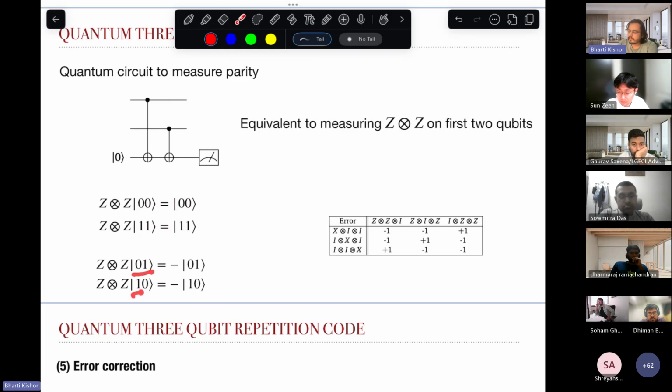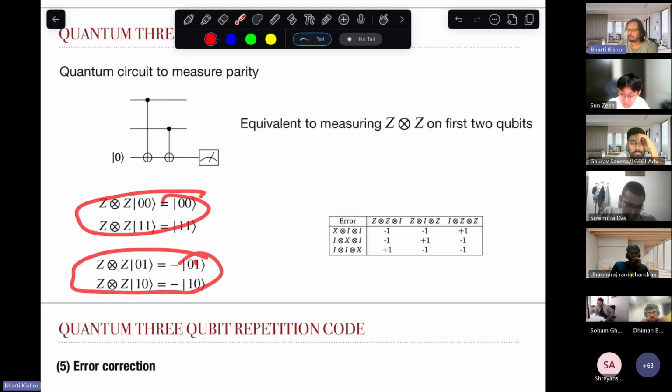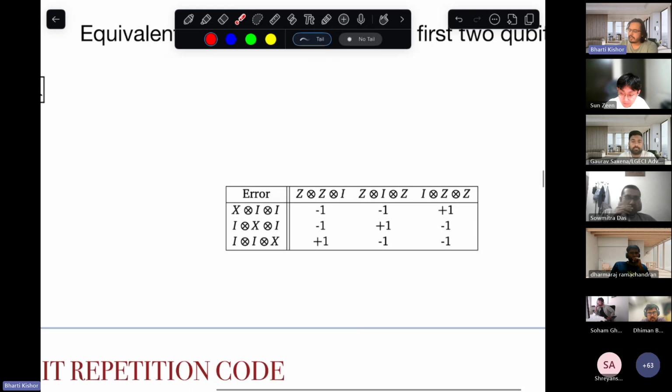But for 0, 1 and 1, 0, you get a minus phase. So Z tensor Z helps you figure out whether it's even parity or odd parity. And notice that this is very powerful, because if the error happens on the first qubit, then Z tensor Z on the first two qubits will give you -1.